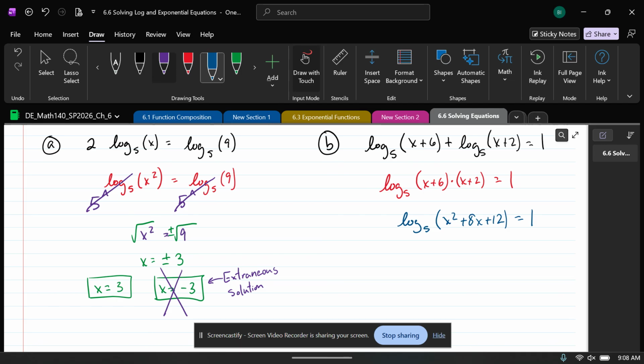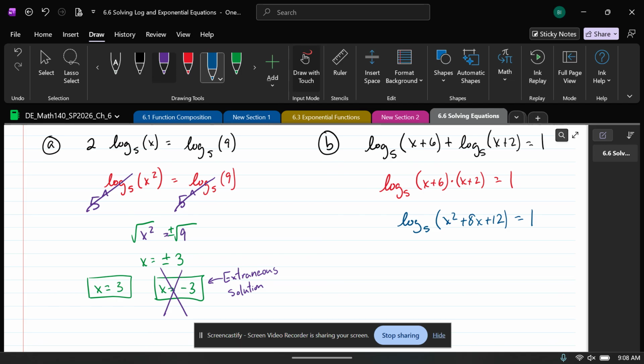Anytime I'm condensing there, I want to go ahead and put them together. And then, x times x is the x squared, 2x and 6x, that's the 8x. 6 times 2 is the 12. Now, here's where we get rid of the logarithm. The base of the log is a 5, just like it was on the first example.